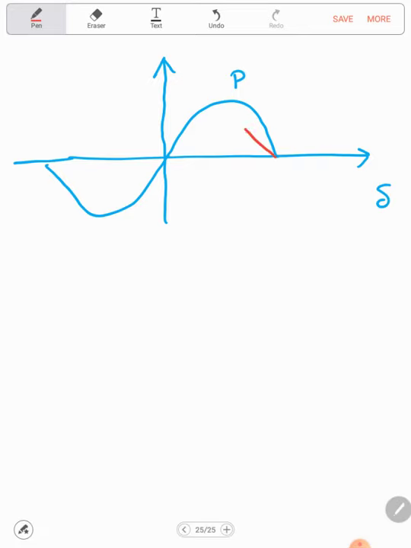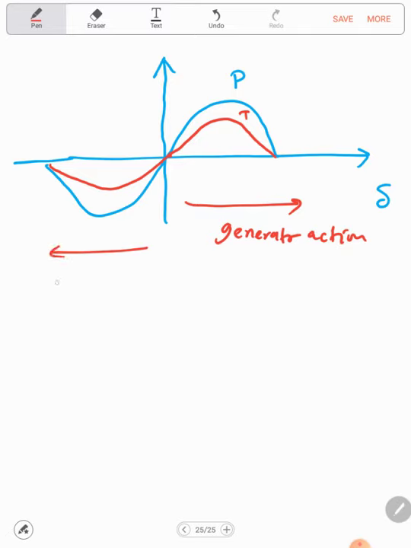Let's assume XS is greater than 1, and this will be the torque. From here to here, this will be the generator action, in which delta is positive, and from here to here, this will be the motor action, in which delta is negative.